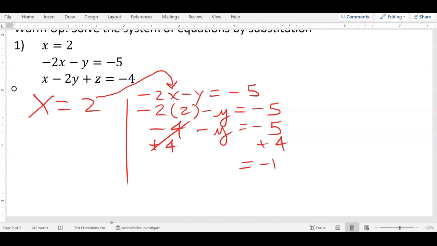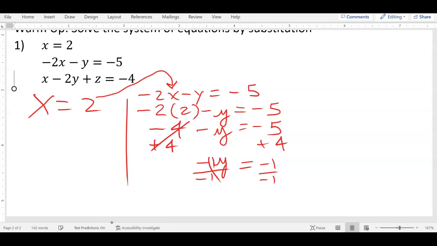Now, this is where it can be kind of tricky. What do I bring down? Negative y, because the negative sign goes with the y, right? Now, last step. How do I get rid of a negative sign in front of y? It is a negative 1 coefficient, so I'm going to divide by negative 1 on both sides.